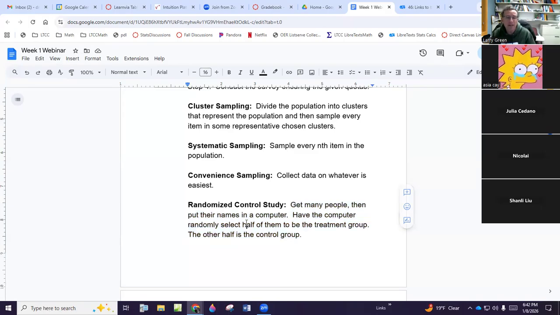Any questions on the randomized control study? It's really used a lot in medicine. I've actually been in one of these, not for COVID. It was when I was in college many years ago. I saw in the newspaper, in those days before internet, it said if you have the runs, run to the hospital, and we're going to put you in this test, and we're going to give you money for it.